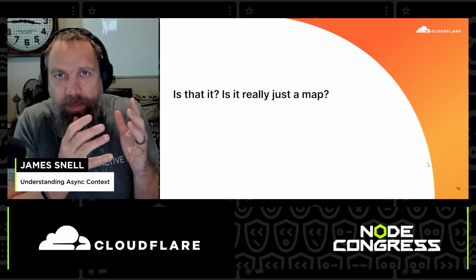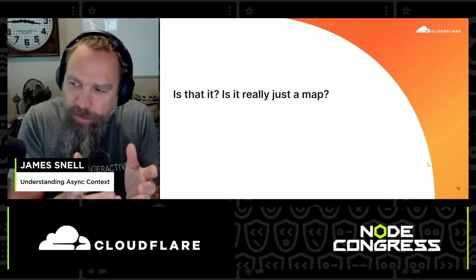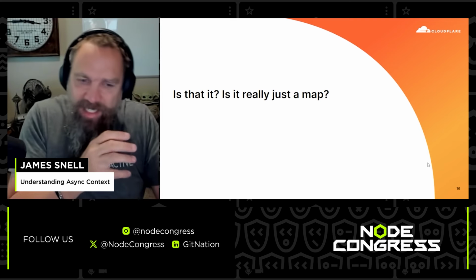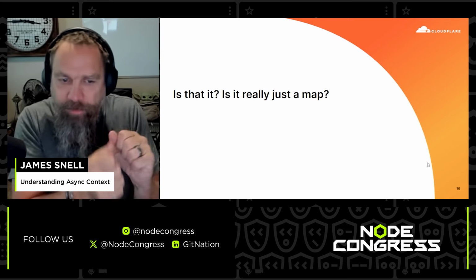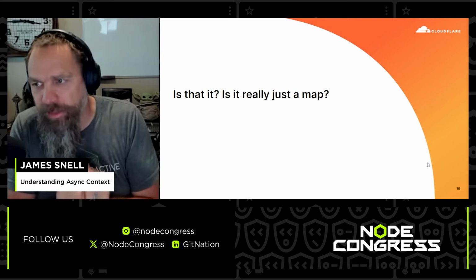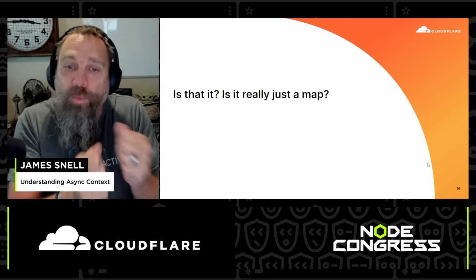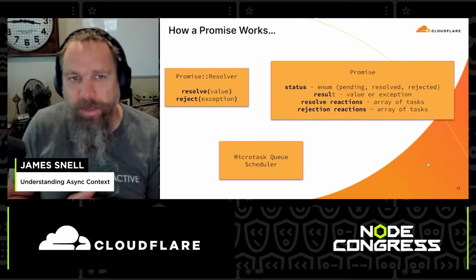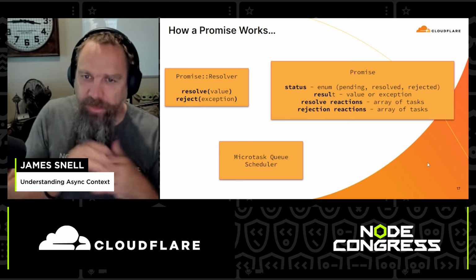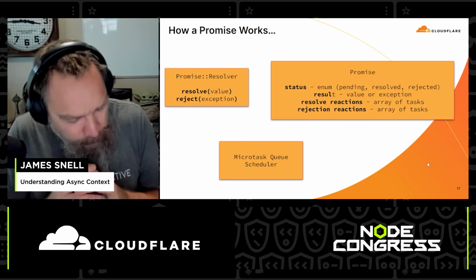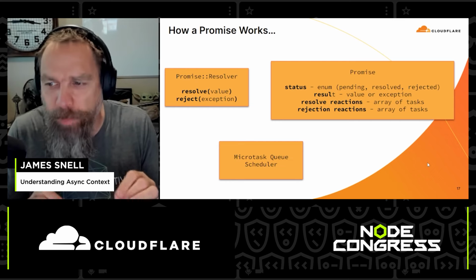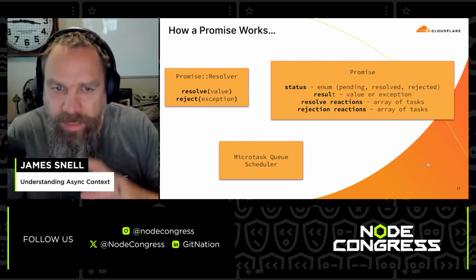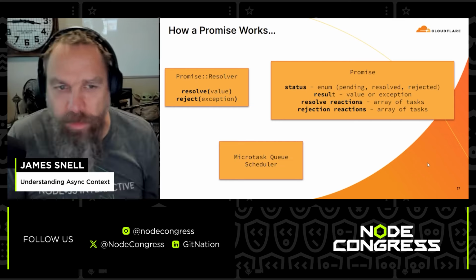But that doesn't quite give the entire picture, because what we also have to know is how are we setting and resetting these things so that in every individual promise or every individual async activity that happens, the right frame is being used at any given time. So let's talk a little bit about how a promise works. These are the internals. And I'm greatly oversimplifying this on purpose, but this should give a little bit of an understanding of the flow and what's going on under the covers.